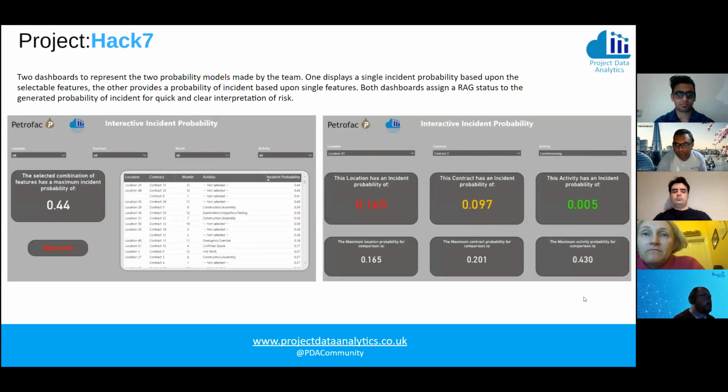And then presenting the probability models that were built, we did two dashboards, one which allows us to present a combination of features and also presents the most likely incidents that are going to occur, and then a second dashboard that also presents a more static KPI feature with the probability, so breaking down by individual features of the data. And to both of these dashboards we assign RAG status, so it is immediately identifiable what's high risk and what's acceptable risk.